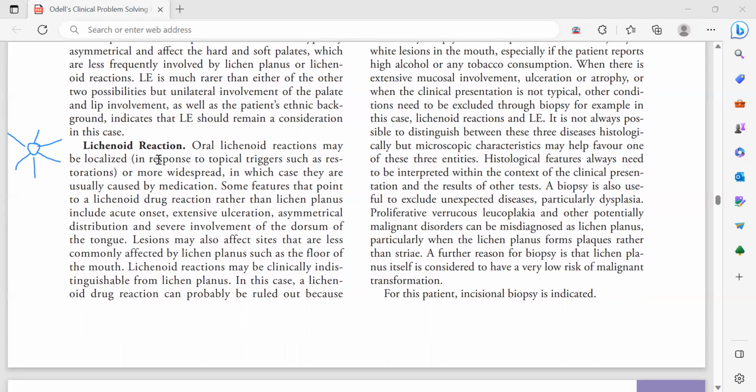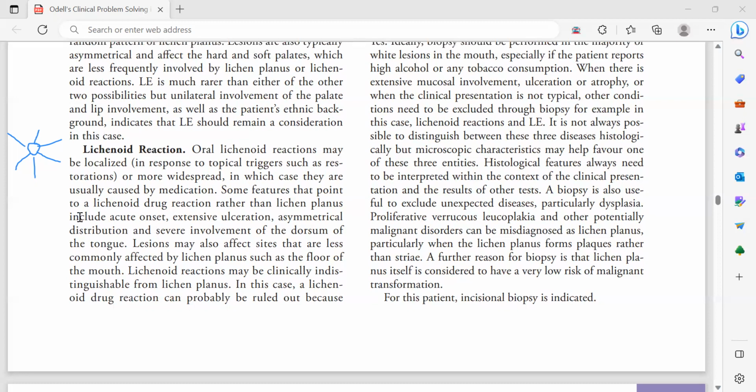Due to any drug, which we read in TG, mainly drugs that lower blood pressure, NSAIDs and thyroid related drugs. Any patient who has a medical condition like hepatitis C virus infection or thyroid disease, so it could happen as localized or widespread as well, in which case they are usually caused by medications.